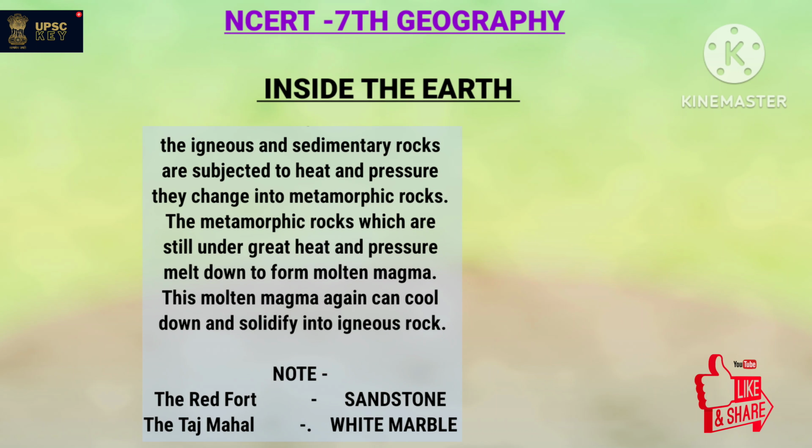When igneous and sedimentary rocks are subjected to heat and pressure, they change into metamorphic rocks. The metamorphic rocks, which are still under great heat and pressure, melt down to form molten magma again, and this molten magma can again cool down and solidify into igneous rocks. Do you know the Red Fort is made up of sandstone and the Taj Mahal is made up of white marble?